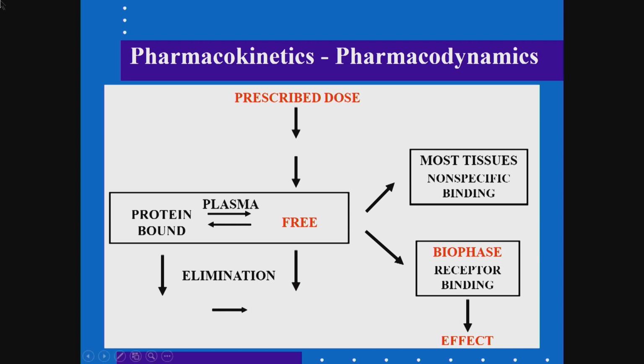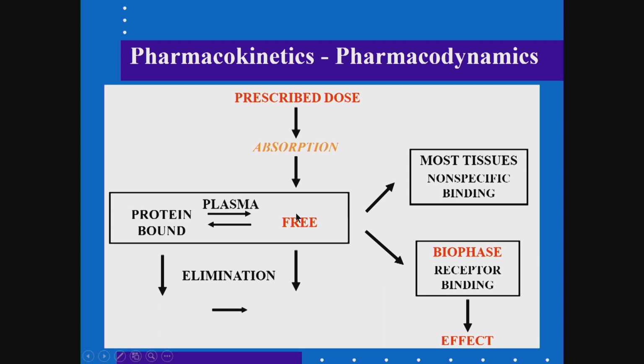Schematically here, we prescribe or administer a dose of medication to a human subject. Then we need to wait for the process of absorption to take place so that the drug can be carried typically from the gastrointestinal tract to the systemic circulation.